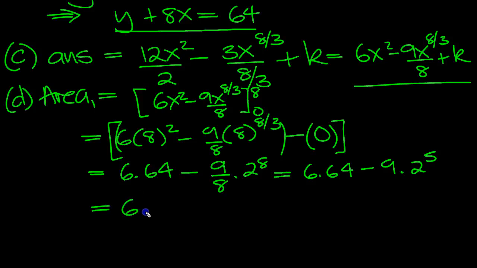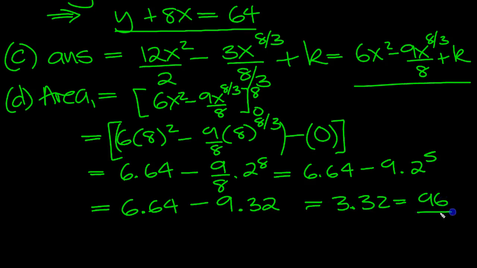So we've got 6 times 64 minus 9 times 32. This would be 12 times 32 minus 9 times 32, which is 3 times 32, which is 96 units squared. Let's just check that: double that and half that is 12 32s, minus 9 32s is 3 32s, 96. 2 to the 5 is 32, that's right. So everything's fine. That's that area.